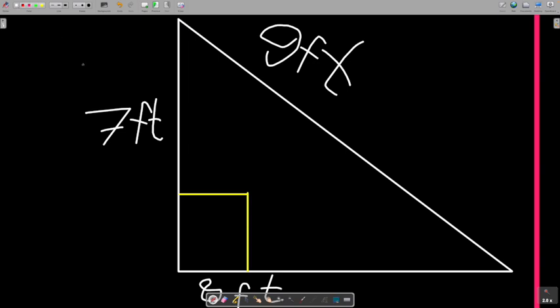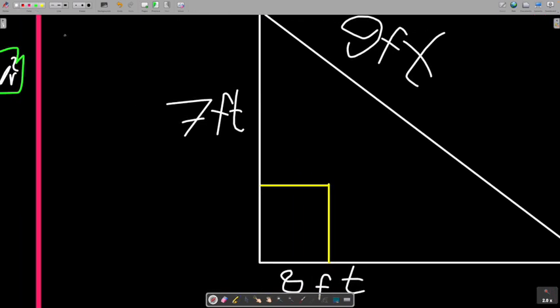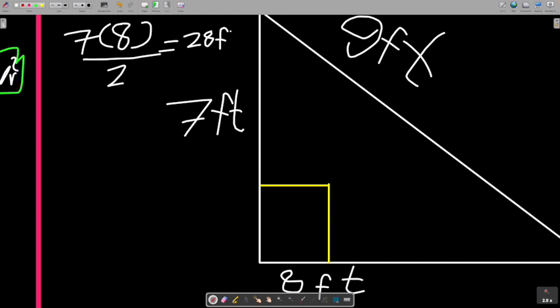Next is this. So 7 times 8 over 2. It's basically the same as 7 times 4, which is 28. The unit is square feet. So it's 28 square feet.